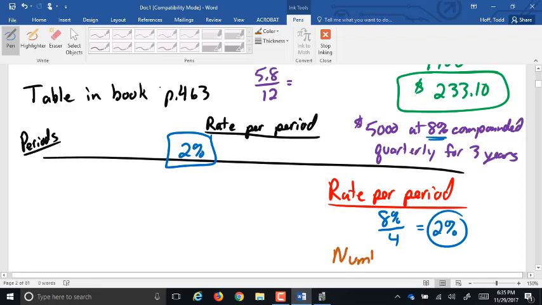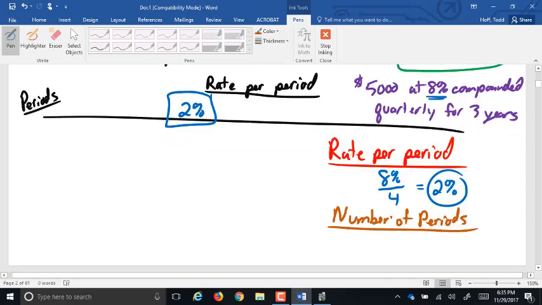Our number of periods is just what we use for our power in the formula. That is just n times t. So that's going to be 4, because it's quarterly, times 3 years, which is 12.